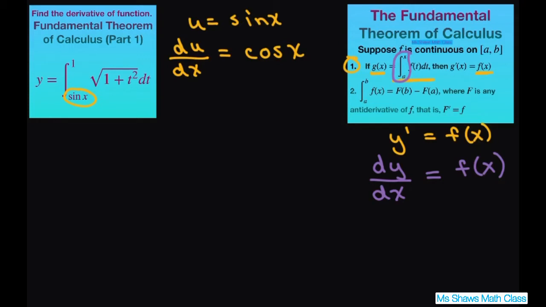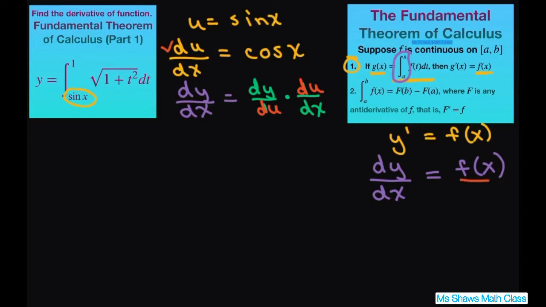And also, we need to know that the derivative of y with respect to x equals, now what I'm going to do is write it like this, dy over 1 times 1 divided by, these two are the same, but since we have this u thing going on, we're going to write this as du and this du. Du divided by du is 1.